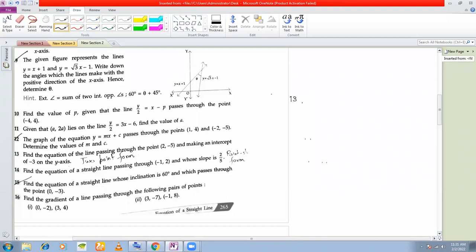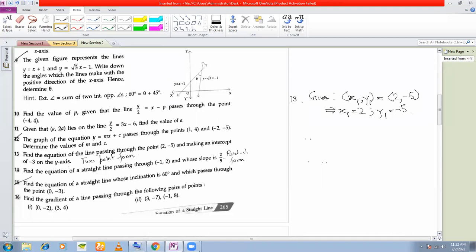So find the equation of a straight line passing through the point 2 minus 5. So one point is given to you. What is x1, y1? 2 minus 5. That means from here you can write x1 is 2 and y1 is minus 5, right?